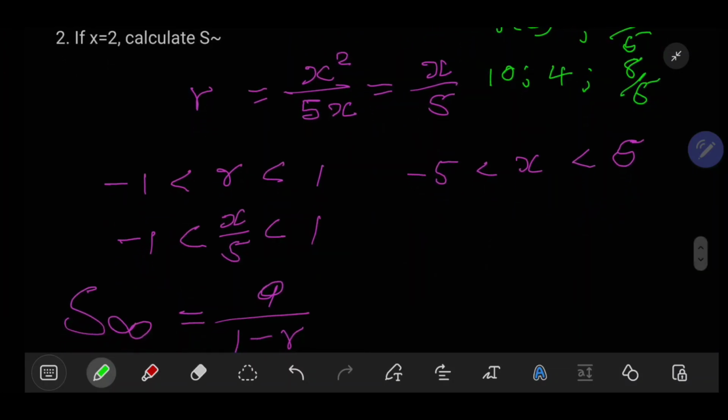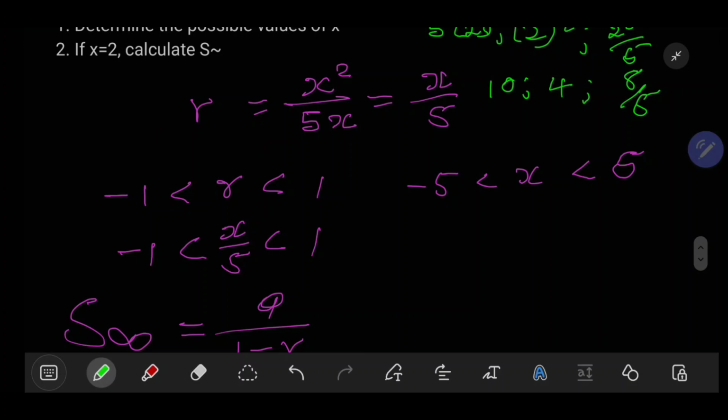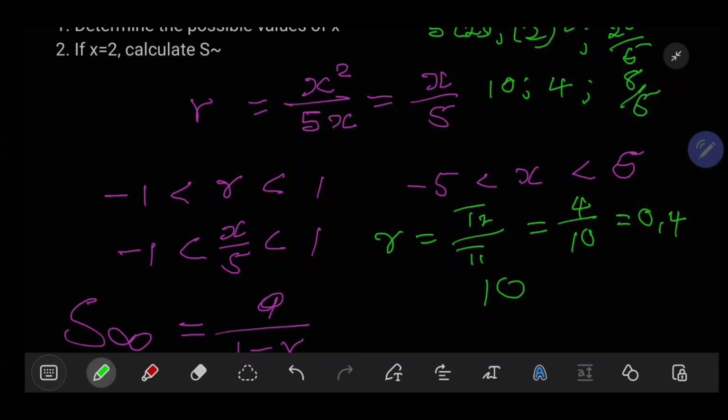Now remember we are calculating the sum to infinity. Already we can see that our a value is 10. Then what about our r value? When we want r, we say r is equal to t2 divided by t1, and our t2 is 4, then we divide that by 10, and we get 0.4. So our r value is 0.4.